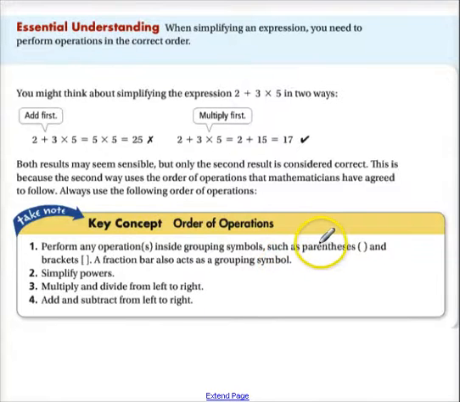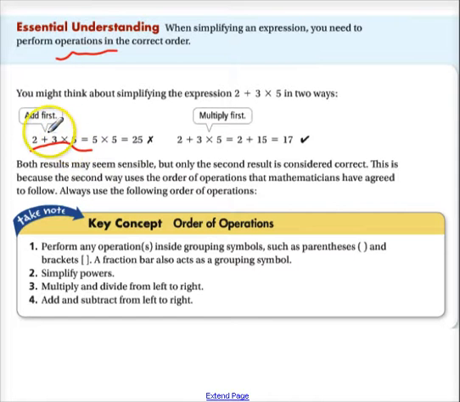All right, now, different from powers, when we simplify an expression, we just need to perform operations in the correct order. So if we look here at this first example, I have 2 plus 3 times 5. I have addition and I have multiplication.